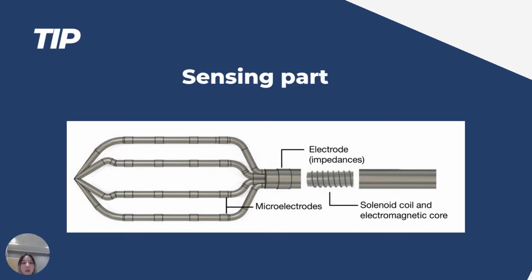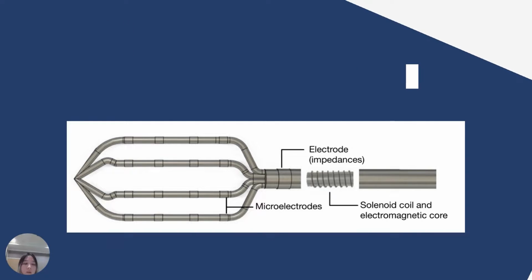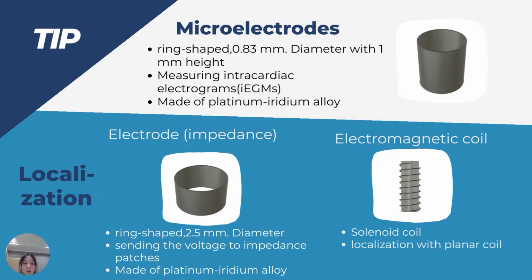For the sensing part, there are microelectrodes on the spine, and an electromagnetic coil and electrode for the localization system located in the shaft, as shown in the picture. The microelectrode is a ring shape made of platinum iridium alloy. It is used to measure the intracardiac electrogram from the heart.